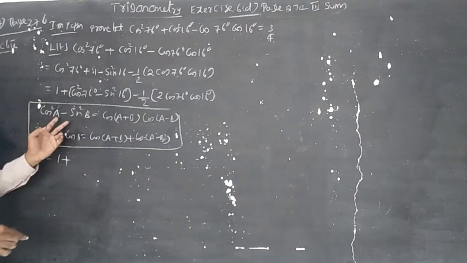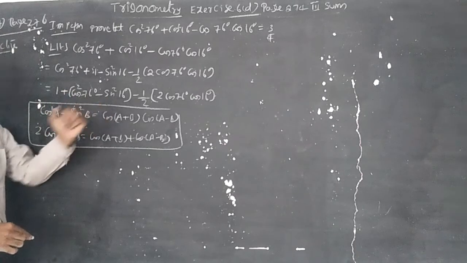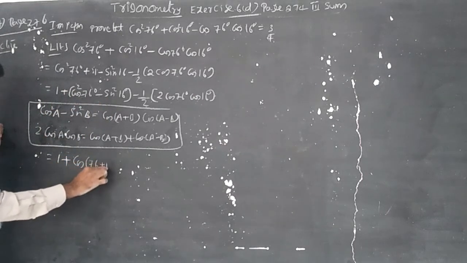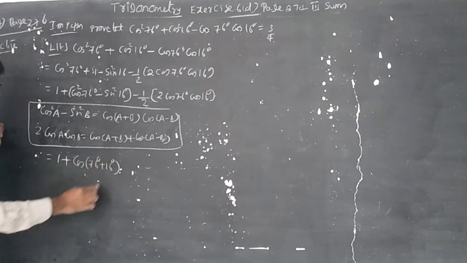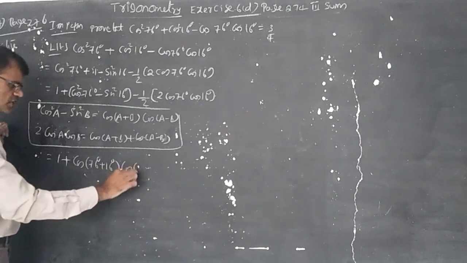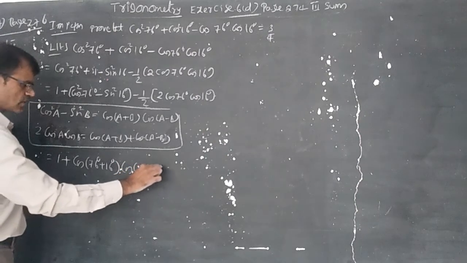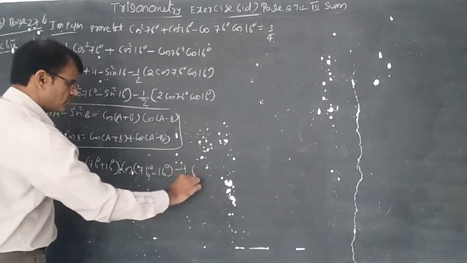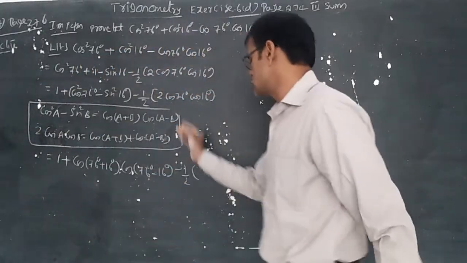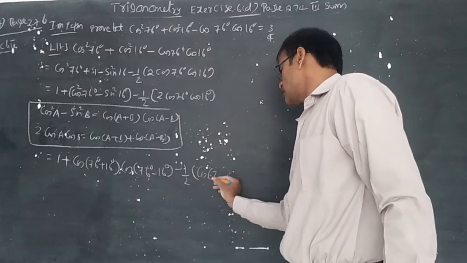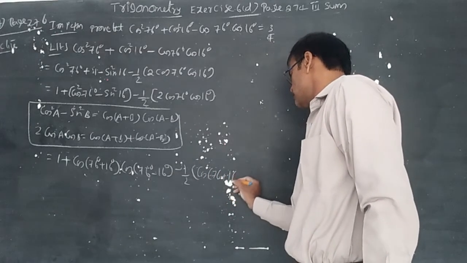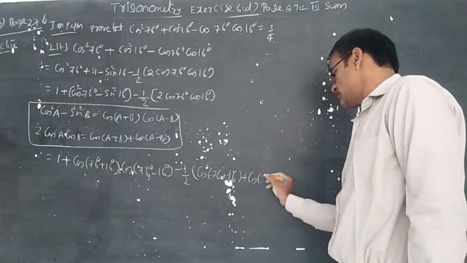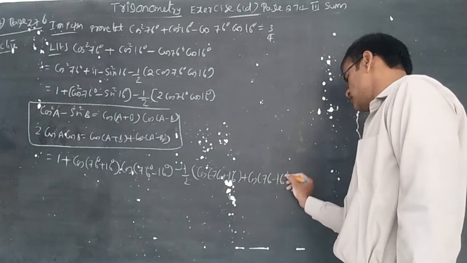That equals 1 plus, now this is the form cos square A minus sin square B, so write cos of (A plus B) into cos of (A minus B): cos of (76 plus 16) degrees into cos of (76 minus 16) degrees, minus 1 by 2 into, this is the 2 cos A cos B concept, cos of (76 plus 16) plus cos of (76 minus 16) degrees.